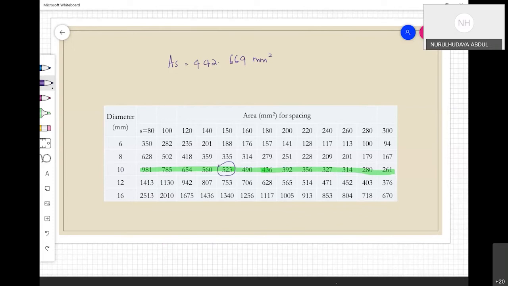Jadi I select je, I ambil besar sikit lah. This is for your example so that you know that you can go lebih besar, tak salah, tapi jangan terlampau besar. Macam for example, you ambil this one AS 442, you ambil sampai like this one. That is too much lah. Okay, terlampau pula over designnya ya. Jadi I ambil yang ini. Okay, I ambil.